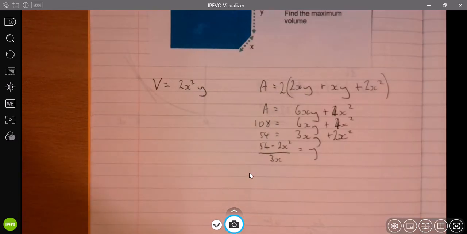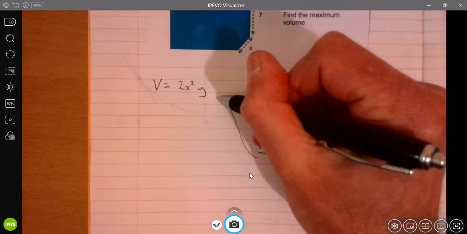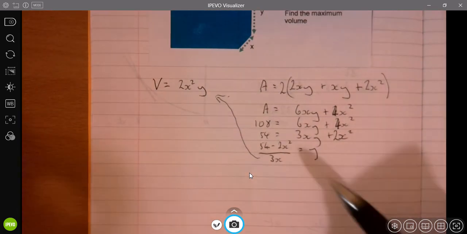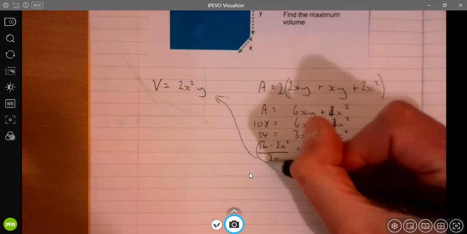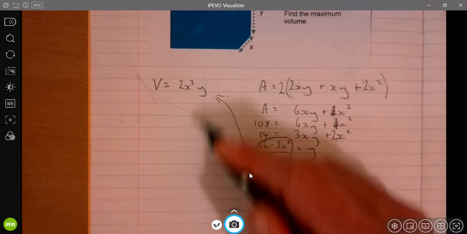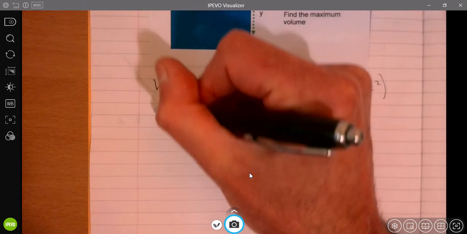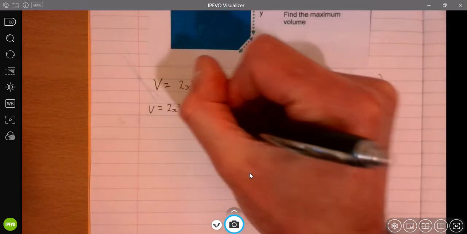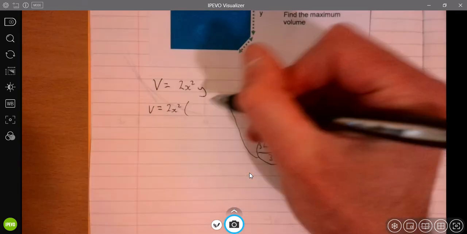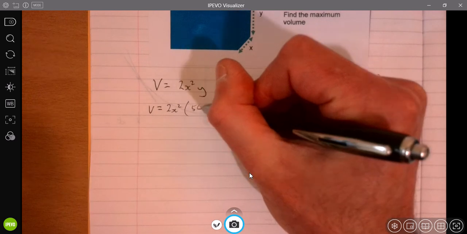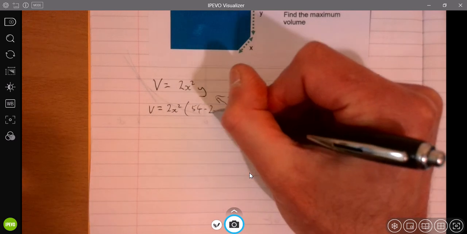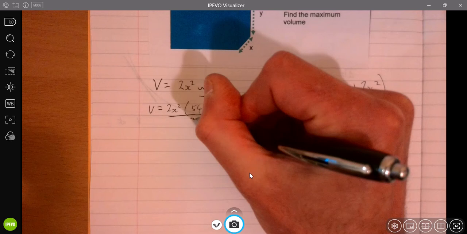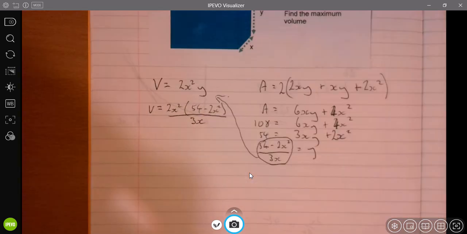Now let's come back over here and rewrite this without y in it. We know that y is equal to this bit, so let's pop it over here. So we've now got V equals 2x squared, and then multiply that by 54 minus 2x squared, all divided by 3x.